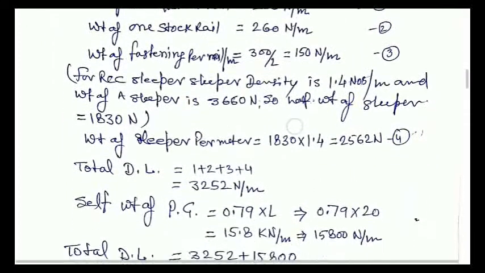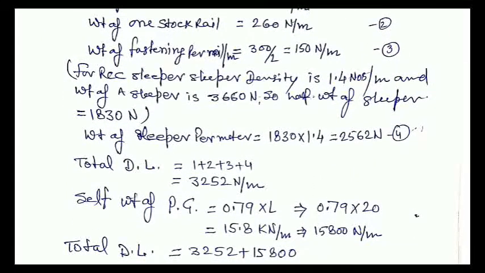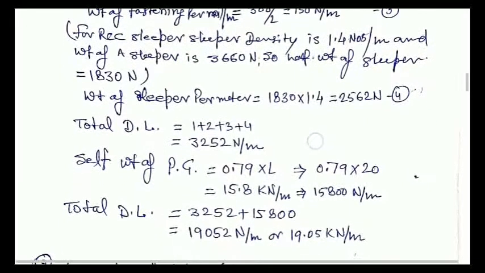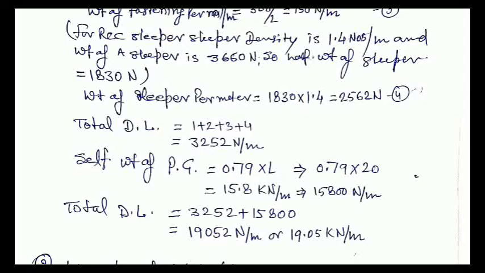Now for the RCC sleeper, the density of the sleeper is taken as 1.4 sleepers per meter length, and the weight of a sleeper is 3660 Newton. We have to find out half the weight of the sleeper per meter length. Half weight of the sleeper is 1830 Newton.